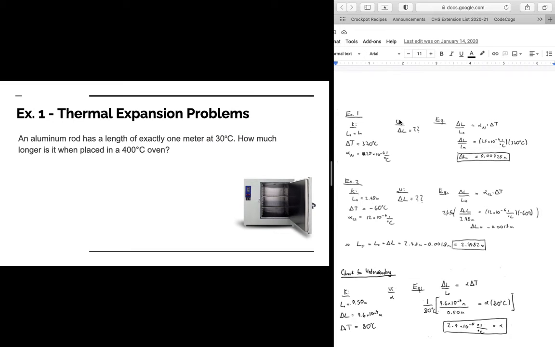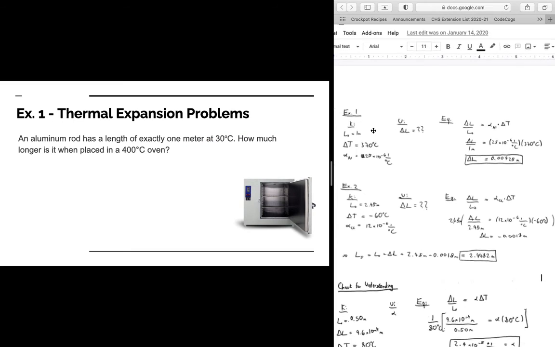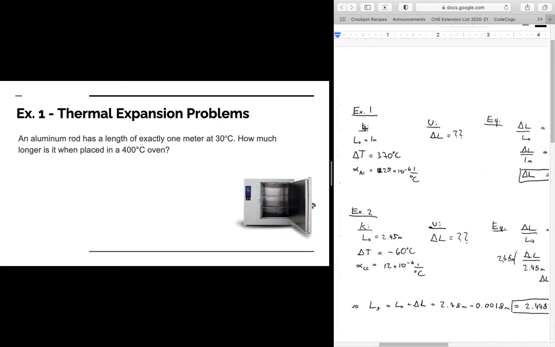So we start with our knowns and unknowns here for this example. All right? We recognize that L naught is 1 meter. That's how long we originally are. Our delta T, our change in temperature, is 370 degrees Celsius. Okay? Our alpha, our expansion coefficient, is 25 times 10 to the negative 6 per degree Celsius. It's not given to you in the problem.